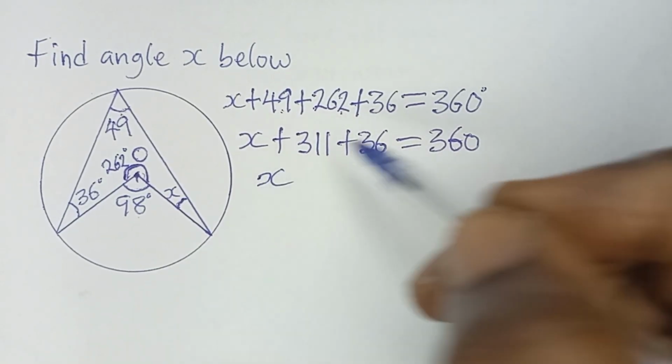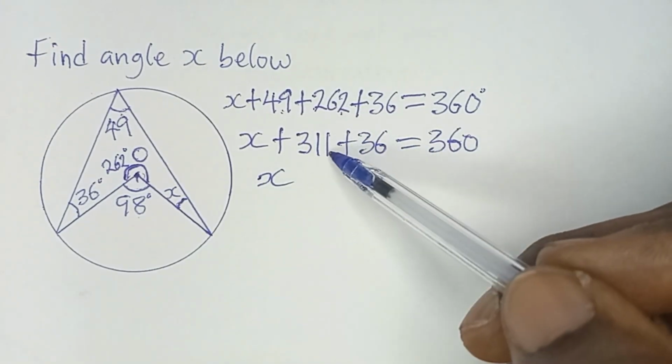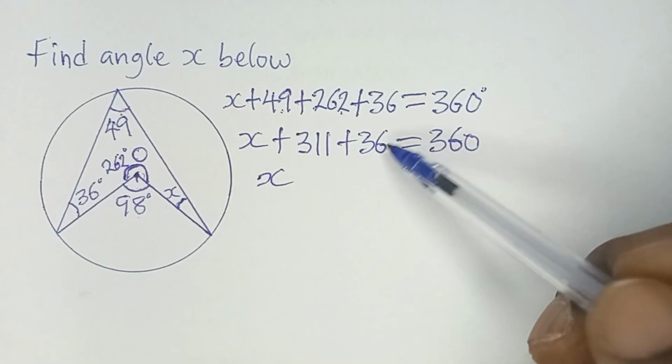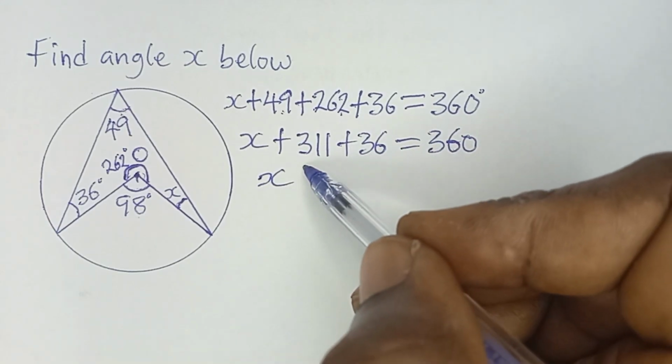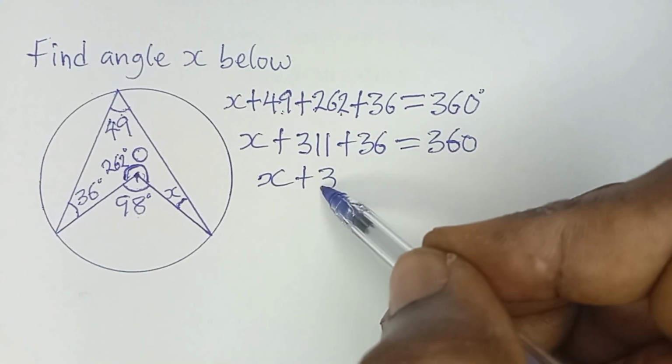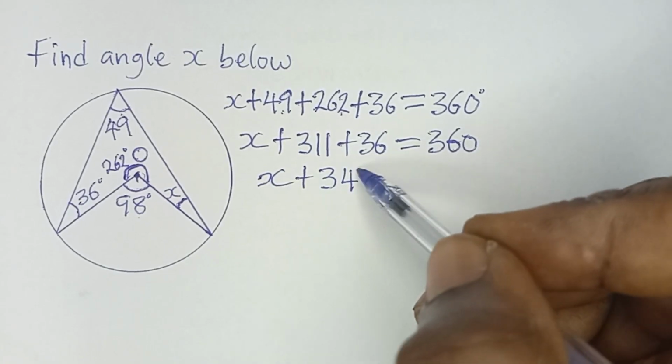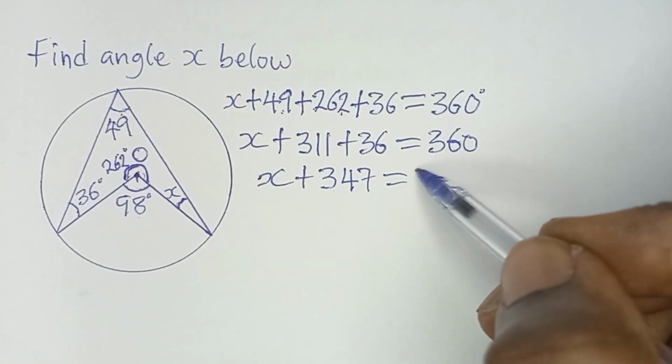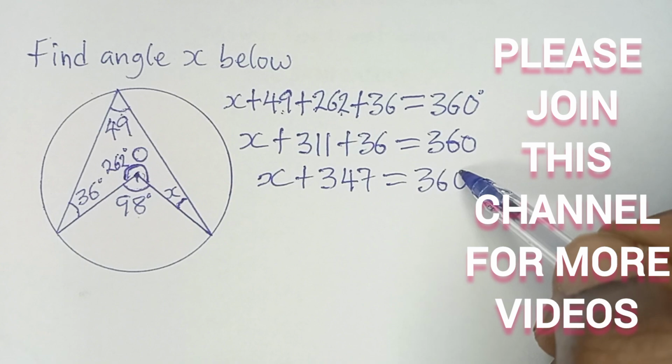Now let me put the x again. 311 plus 36 will give us 347 and is equal to 360 degrees.